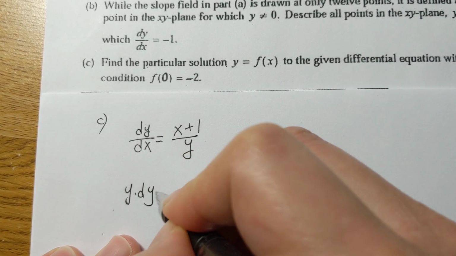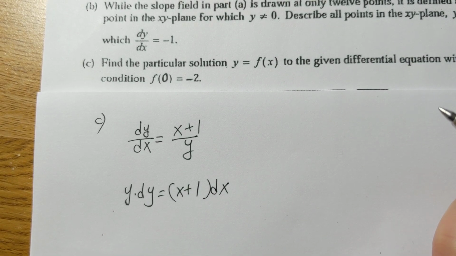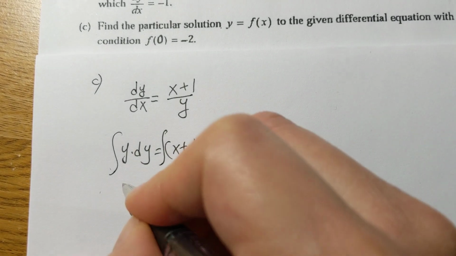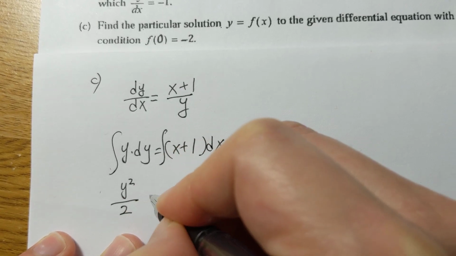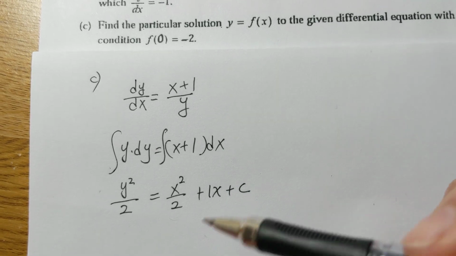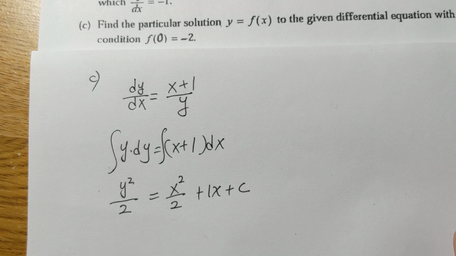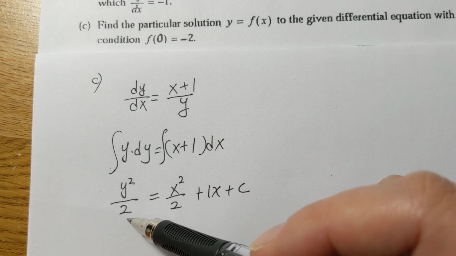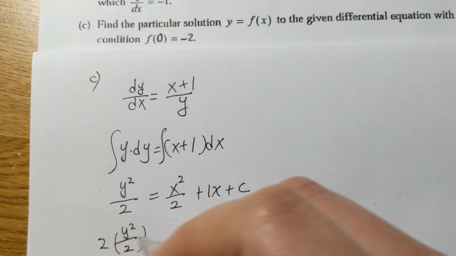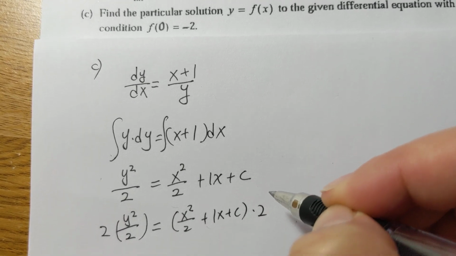So we're going to get this much. And then next step, integrate. So we continue our integration process. We usually put the plus c on the right side. We skip this part. Now we still have the denominator 2, so we are going to multiply 2 to each side just to eliminate the 2.